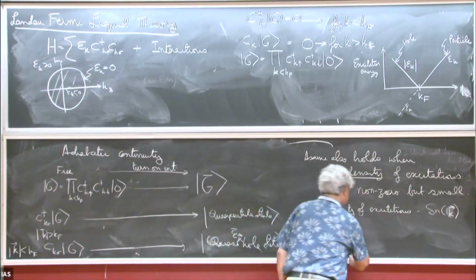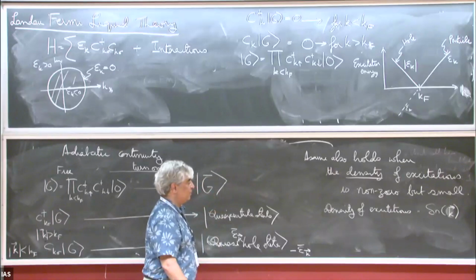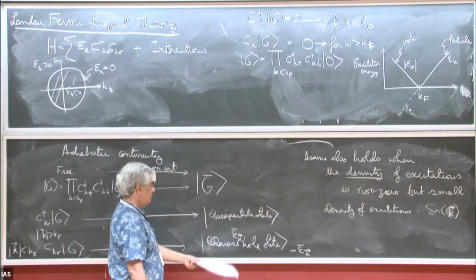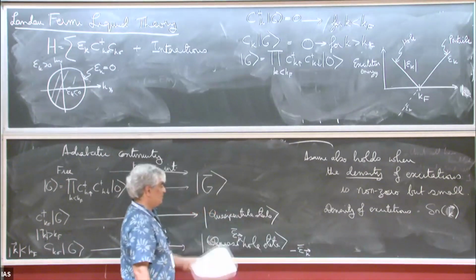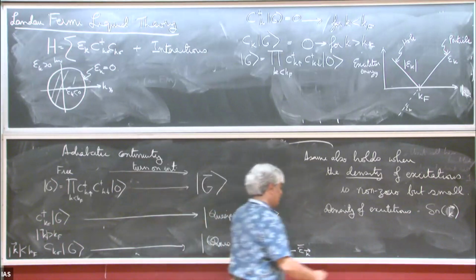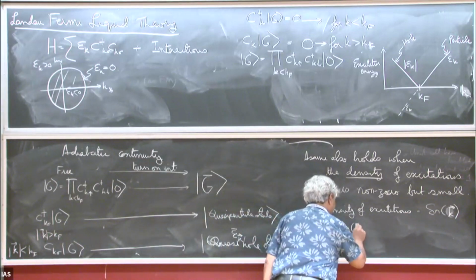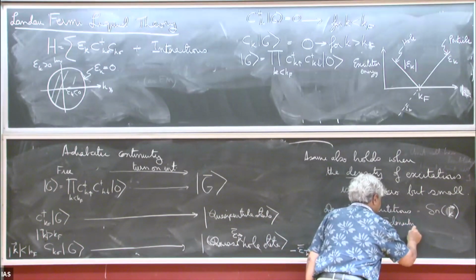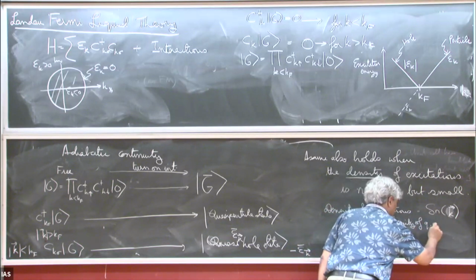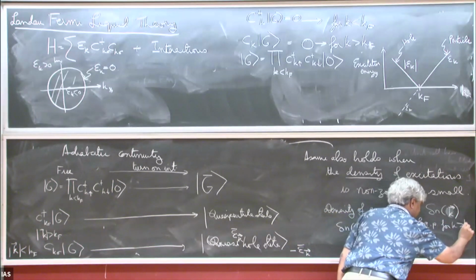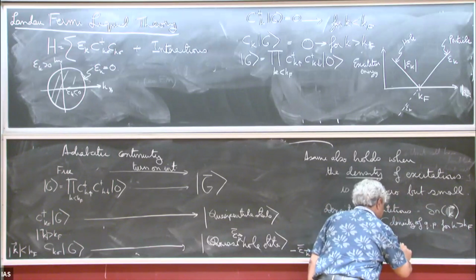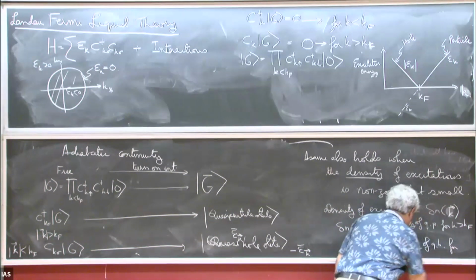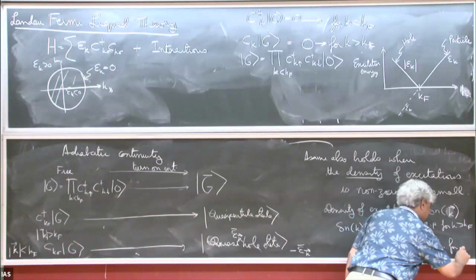And the way I'm going to define it, and you'll see why, because of this change from quasi-particle to quasi-hole and this complicated change in sign of epsilon(k), n(k) is equal to the density of quasi-particles outside the Fermi surface, and the density of quasi-holes with a minus sign, for k less than kF.